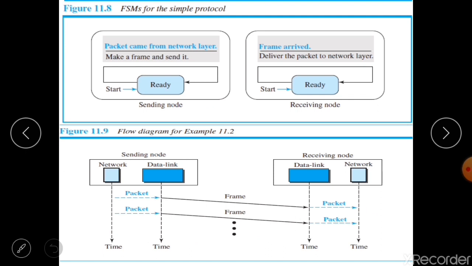We can show these requirements using two FSMs. Each FSM has only one state, the ready state. The sending machine remains in the ready state until a request comes from the network layer to process. When this event occurs, the sending machine encapsulates that message into a frame and sends it to the receiver machine.